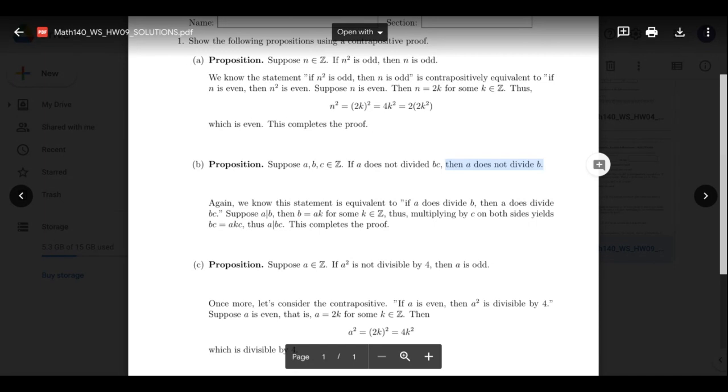Okay, a divides b means b can be written as ak, right? Now what about bc? How can you write bc? bc can be written as akc, right? So that means a is a factor of bc. Do you see that? a is a factor of bc is exactly the same by notation, it just means a divides bc. That's it.